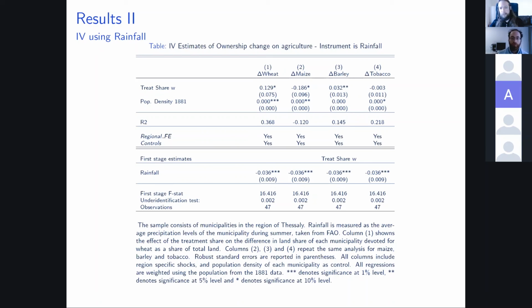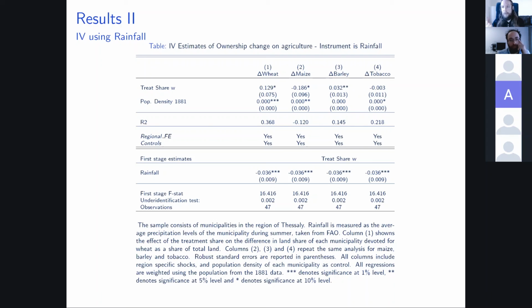And one more question. I'm not in this literature, so I don't know, but I wanted you to explain to me more about how the instrument works. It is the rainfall, right? Is the precipitation, yes. So essentially it is a measure to capture indirectly the soil quality at the time, because if you have seen papers with precipitation and temperature, you see that the variation over time, even over like 100 years, is not that significant.